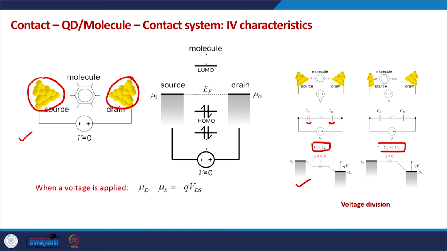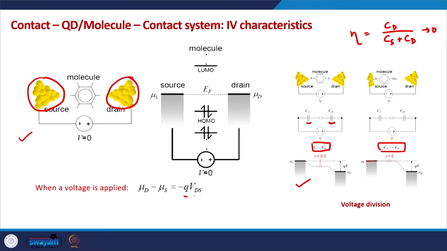And if one of the capacitances is large, let's say the molecule is closer to the source contact as compared to the drain contact, in that case this voltage division factor, which we defined in the previous class, which is given as CD divided by CS plus CD, tends to 0, and almost the entire voltage drops across the molecule-drain interface and not across the source-molecule interface. Accordingly, we can understand the electron transfer in these devices.